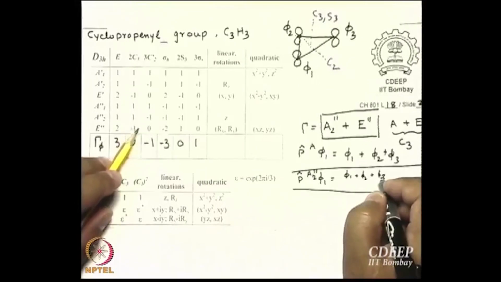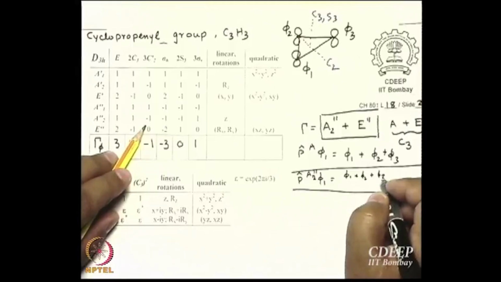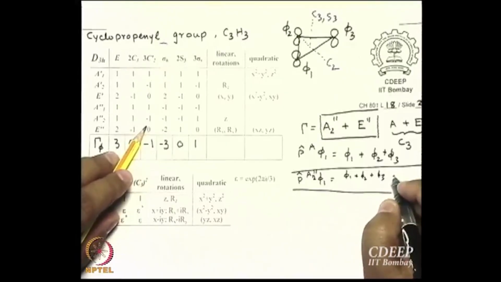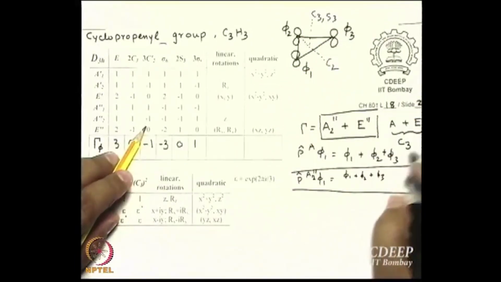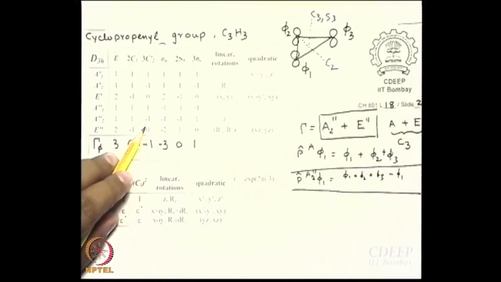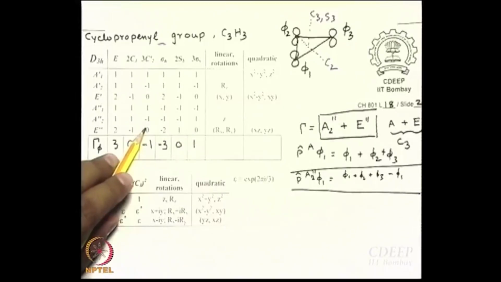Yeah. What about C2? 3 C2s. This C2 operating on phi 1 makes it minus phi 1. The second C2 operating on phi 1, what does it do? Yeah, minus phi 2 minus phi 3, right.